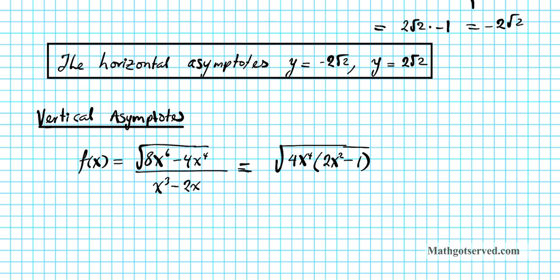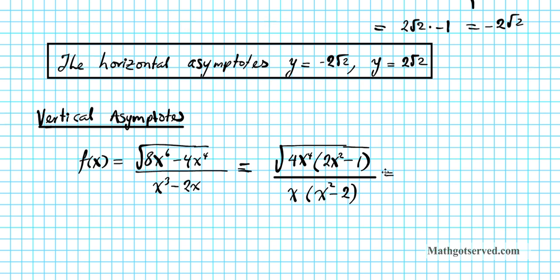And in the denominator, we also have to factor to see what can be cancelled out. So in the denominator, we can factor out x squared. So we have x squared times, I'm sorry, we can factor out x, not x squared. So take out x, and then we're left with x squared minus 2.